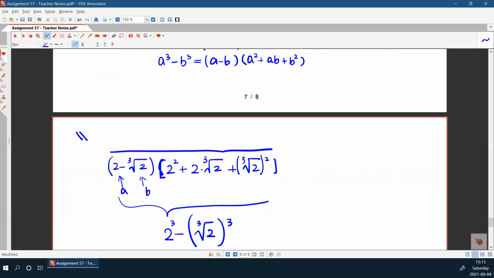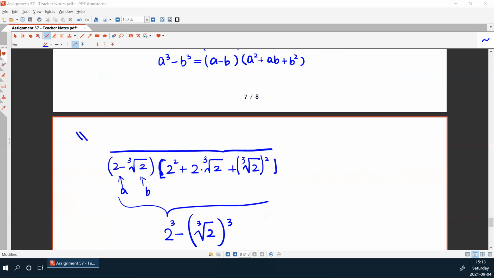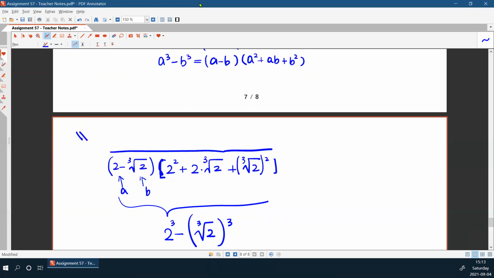Emily? Yes, okay. So in order to keep the ratio equal to the original expression, we need also to multiply the same number to the numerator, right?